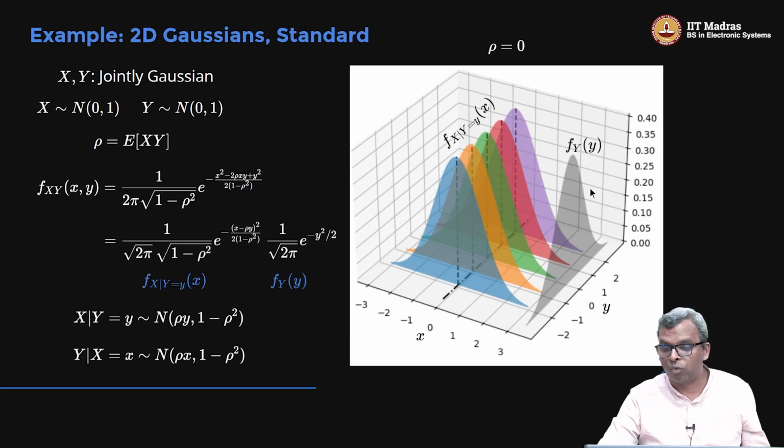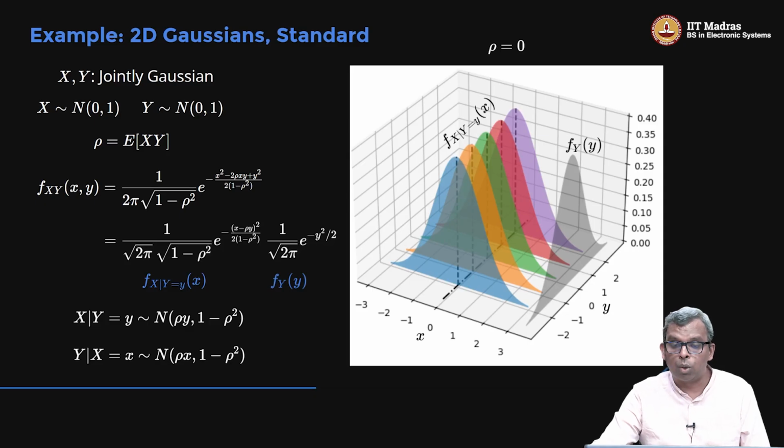So, you have f_Y(y) here, and all these conditionals multiply together to give you the combined joint PDF. Notice I have drawn this dotted line here, joining all the means. This is rho y. All of them are 0, okay, because rho is 0, so it becomes 0. And then this is just to show you where the peak is, just to show you how that works. Okay. So, this is a picture for rho equals 0.